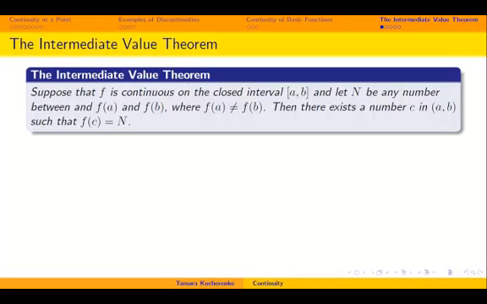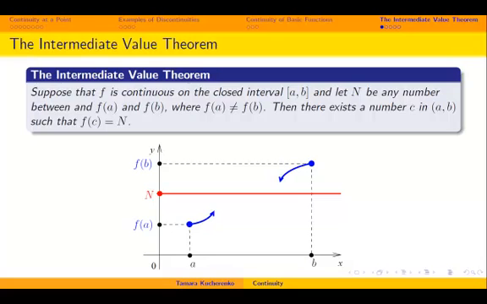Let's visualize how this theorem works. Let f be a continuous function on the interval [a, b], and n be any intermediate value between f of a and f of b.